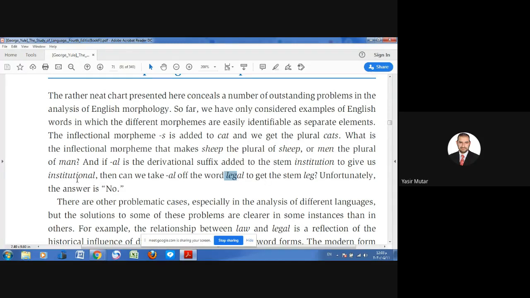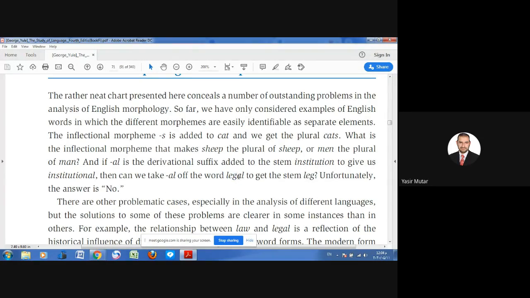Institution and institutional have a relation, but with a different grammatical category, not function. For example, we have adjectives, nouns, and verbs. By adding those derivational morphemes, I can get a different grammatical category.